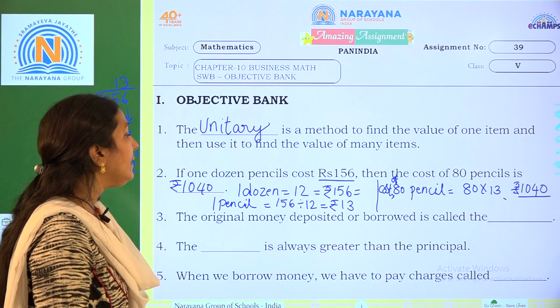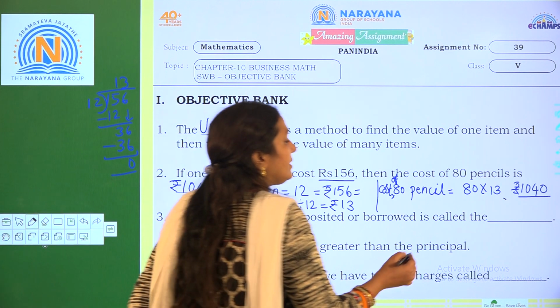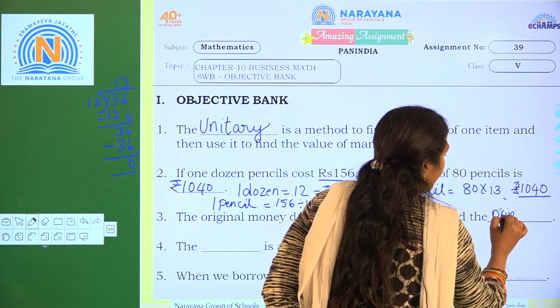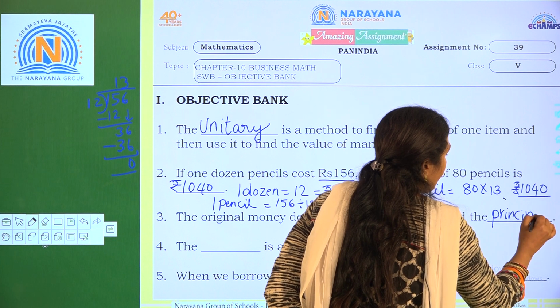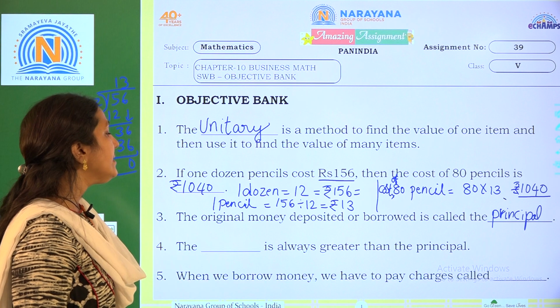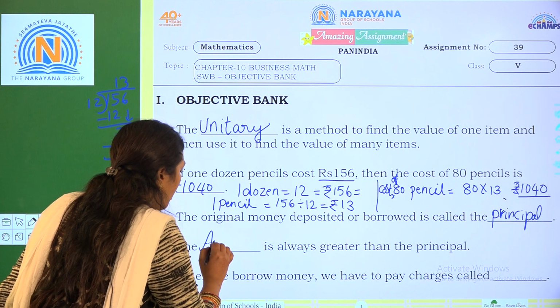The original money deposited or borrowed is called, what will we call it, children? Principal. Next, the dash is always greater than the principal. What is that? The amount.